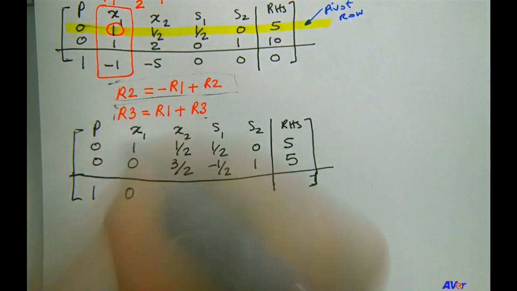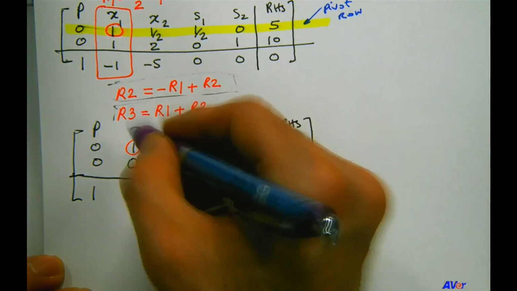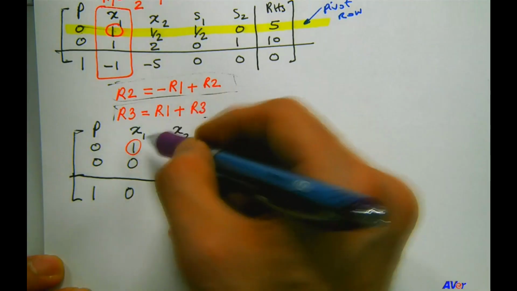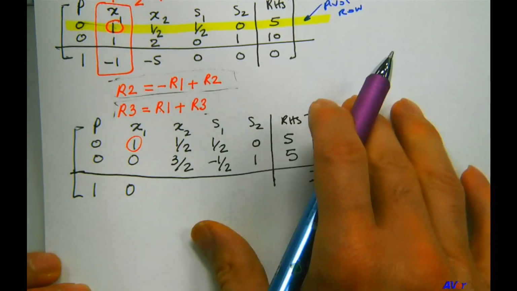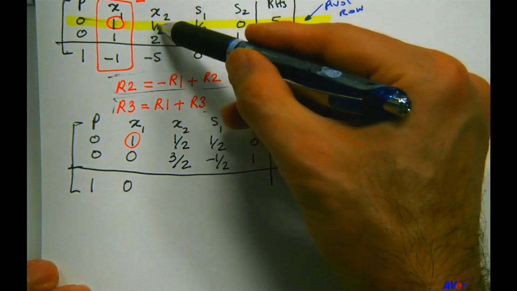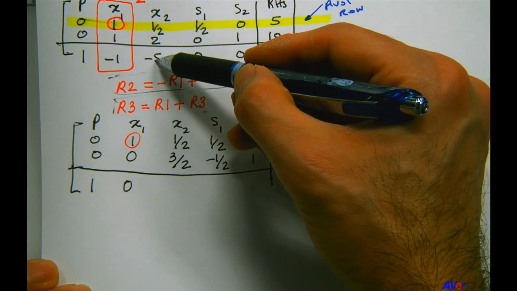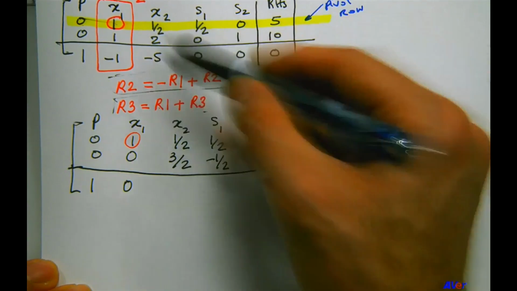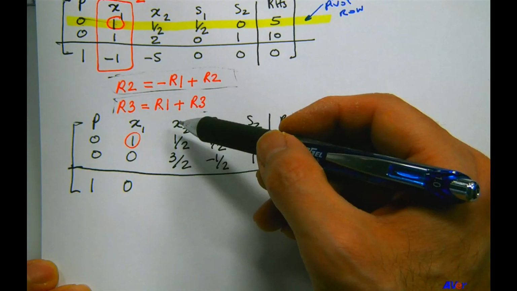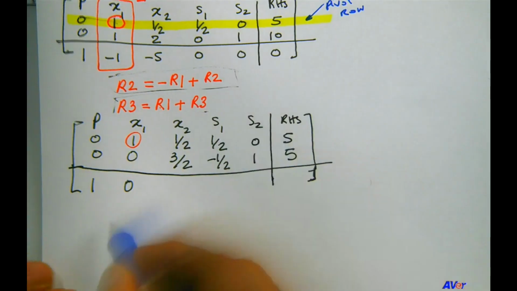Our pivot element still is here. And the numbers in the pivot column are becoming 0 and 0, which is what we needed. And then 1/2 plus -5, that's going to be -9/2, right? So we can do that as a common denominator here.